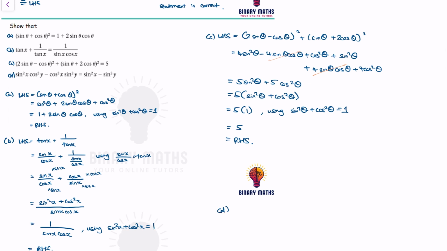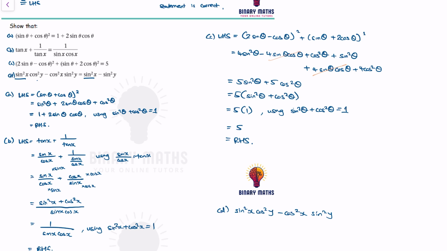D, and to me, the left hand side looks more complicated. So I'll start with the left hand side. So I've got sine squared x cos squared y minus cos squared x sine squared y. Now what I can see is in the first term, the sine squared y has disappeared, so I'm going to try to get rid of the cos squared there.